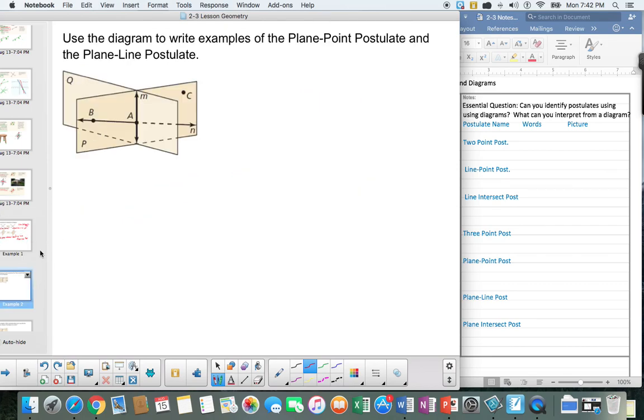Okay, let's take a look at this. It says, use a diagram to write examples of the plane point postulate. The way I remember the title is, you're starting off with a plane. So if you have a plane, can you find the points on that plane? Let's talk about plane P. You have plane P, then you know you're going to have three non-collinear points.